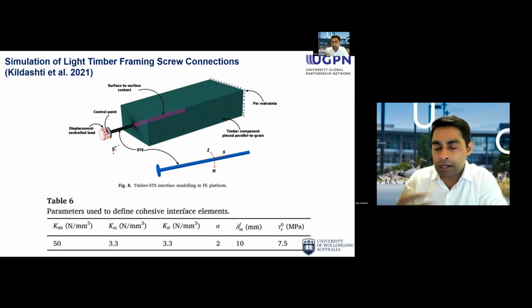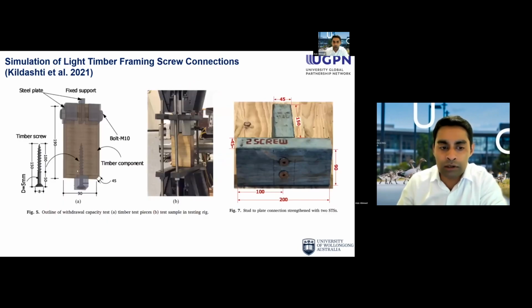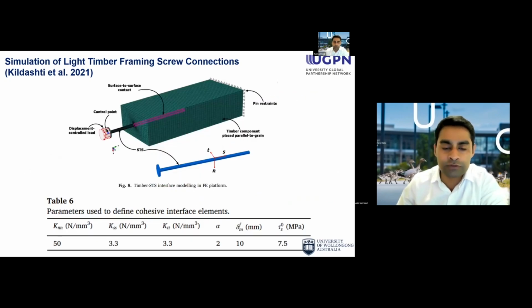So again, for anyone in the audience interested in finite element based simulation of screw connections: if you remember, screws have threads like this, right? To model the threads is a very complex part, especially the contact between the thread and timber, which makes it very hard to model. It is possible, it just is not going to converge very easily.